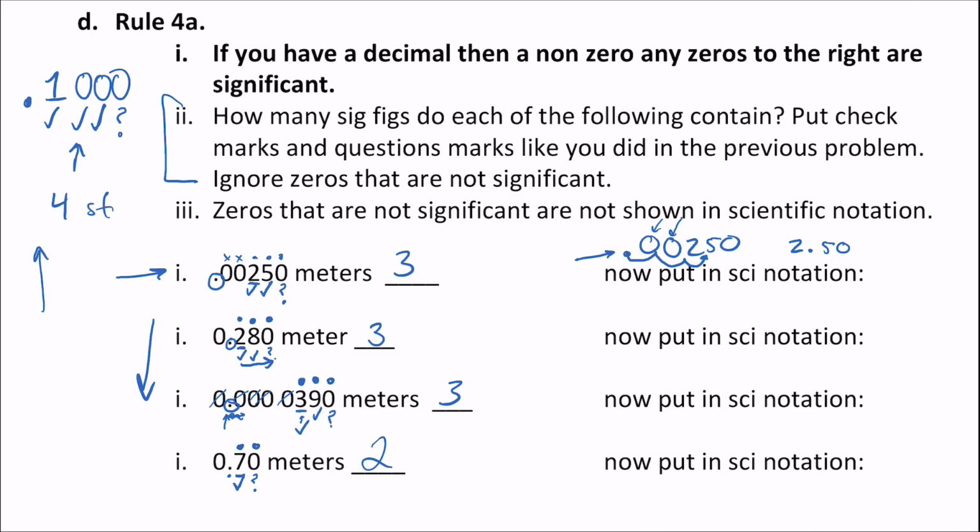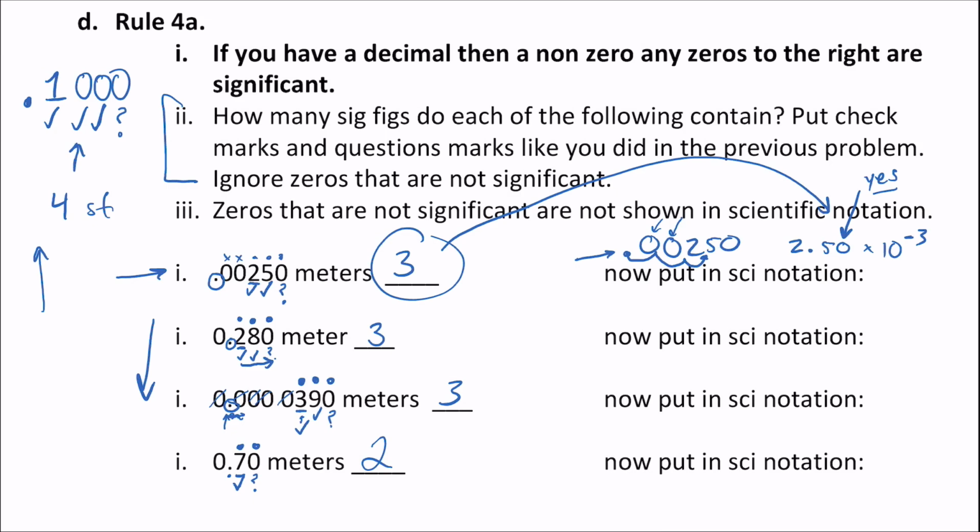So now we have 2.50 times 10. We went to the right, which means it's going to be negative, and we went over 3 times. So our answer should be 2.50 times 10 to the negative third. Yes, you need that because it's significant. You said 3 sig figs, you have to show 3 sig figs.